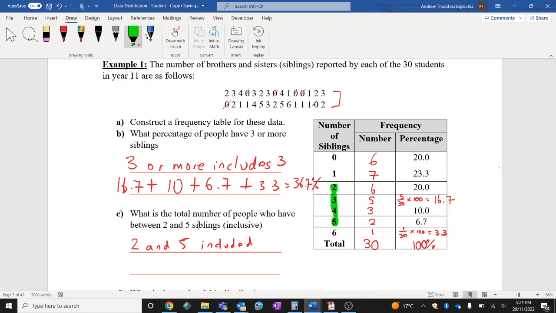But they're not asking us about the percentage, they're asking us about the number of people or the number of students. So we're looking at these numbers here. So that means 6 plus 5 plus 3 plus 2, and that equals 16 people.